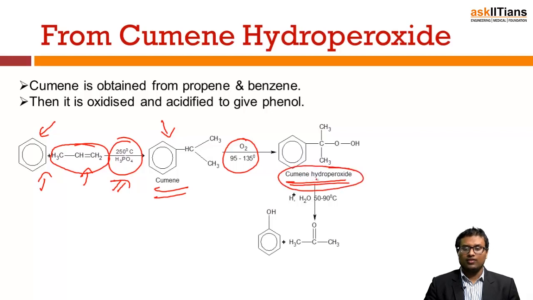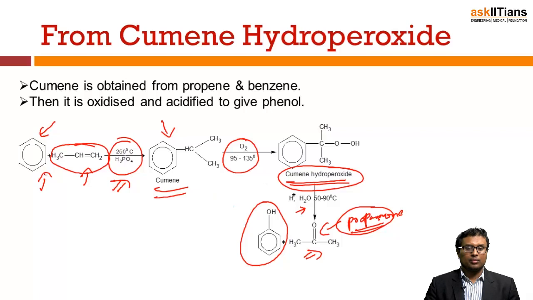After getting cumene hydroperoxide, just hydrolyze it. You will get a phenol. And not only that, in this process you will get a ketone, this is propanone. So this is how you can convert your benzene, in the presence of propene, into a phenol.